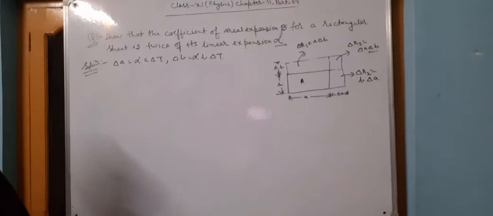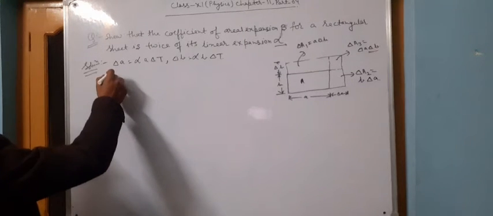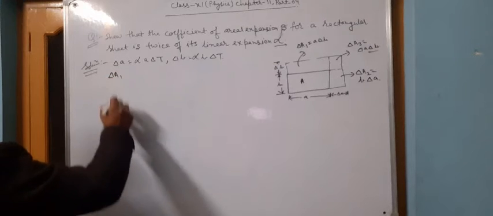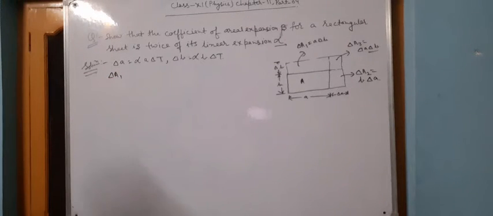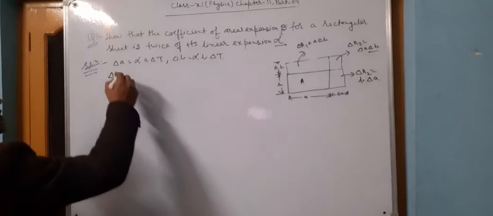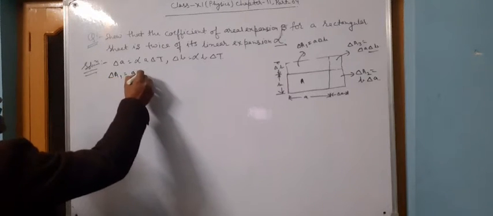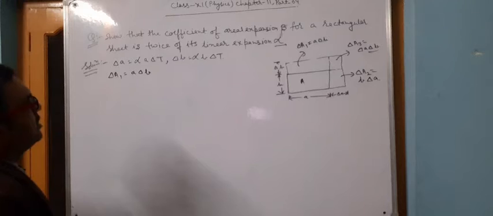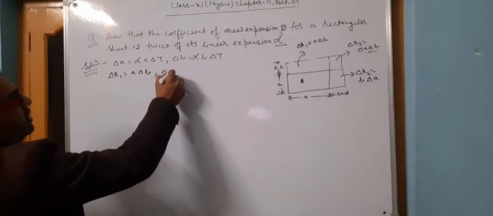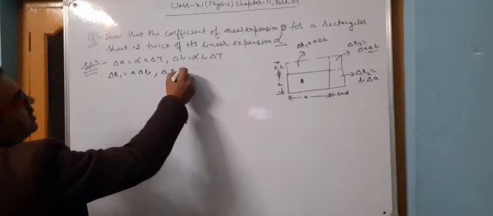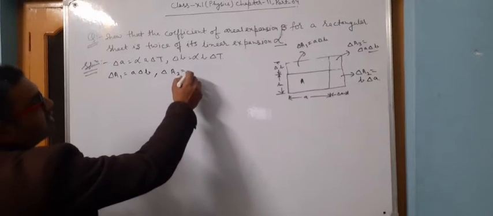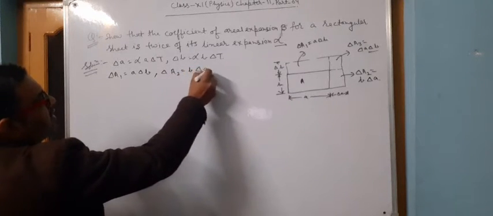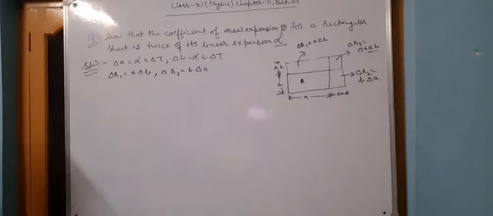Now we have to find the change. Delta A1 is equal to A into delta B, and delta A2 is B into delta A. Clear? So now we are going to consider the change in area.